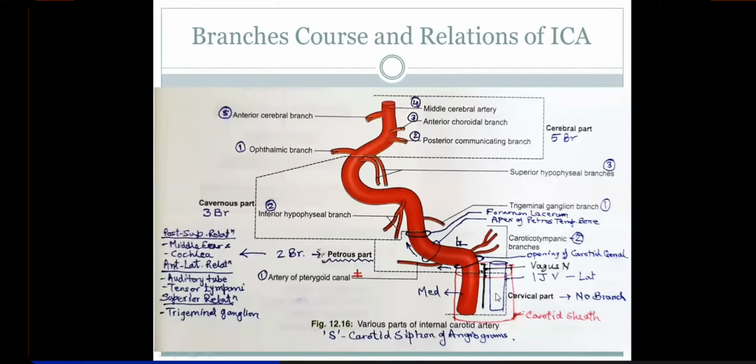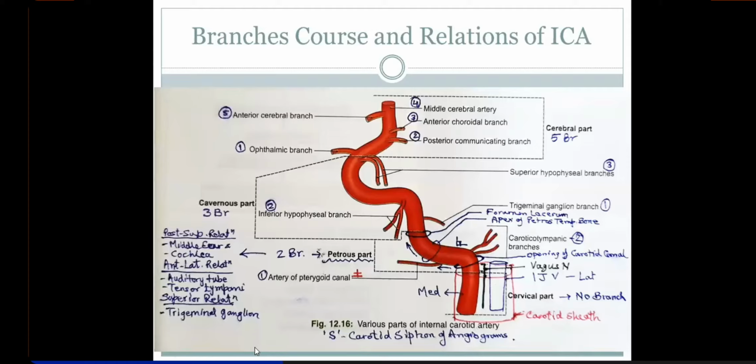And as I told you, the cervical portion of the internal carotid artery, from C4 upper border or C3 lower border, it commences there from the upper border of the thyroid cartilage, that level, and it has a slight dilatation at its base, and that's called carotid sinus. Carotid sinus is a baroreceptor.